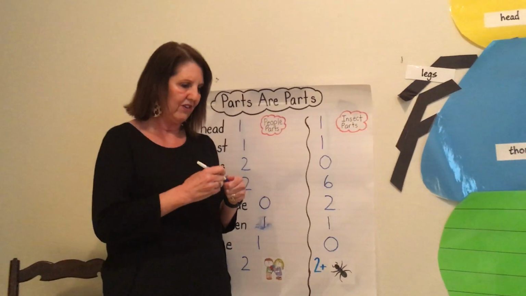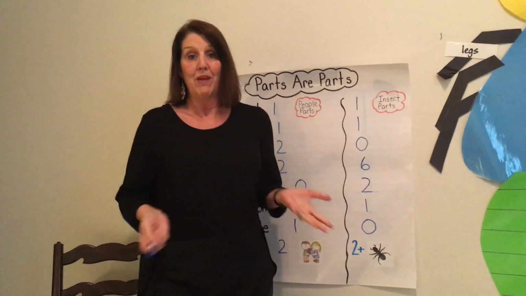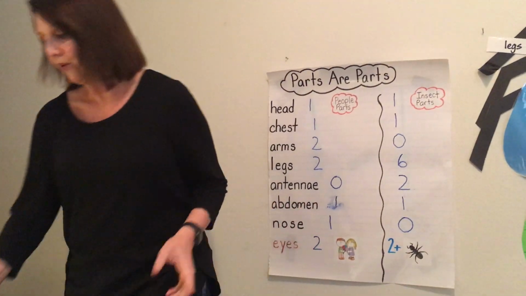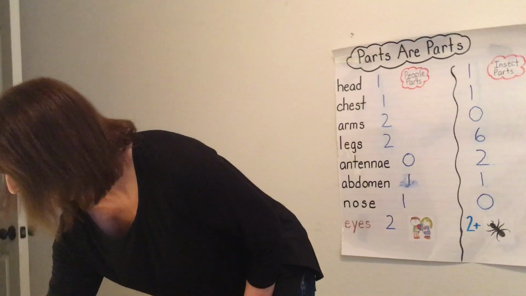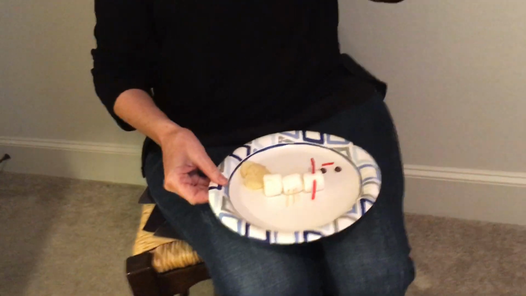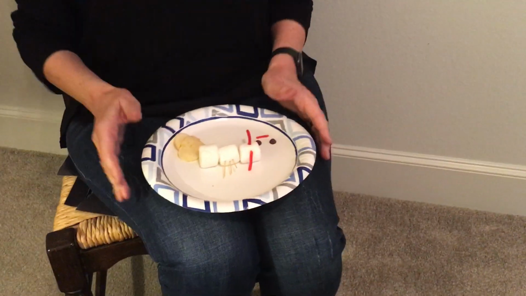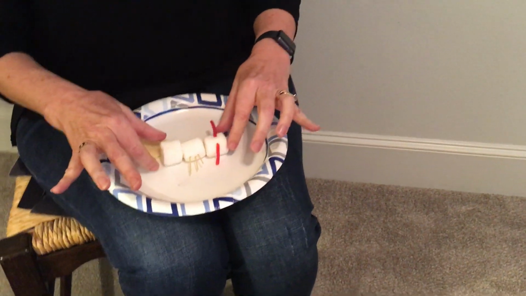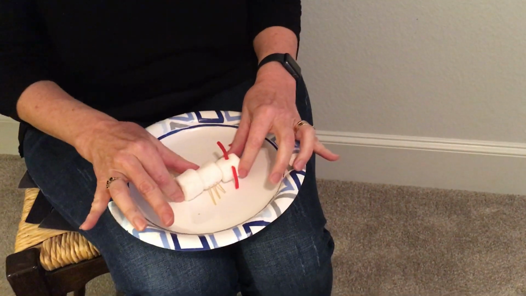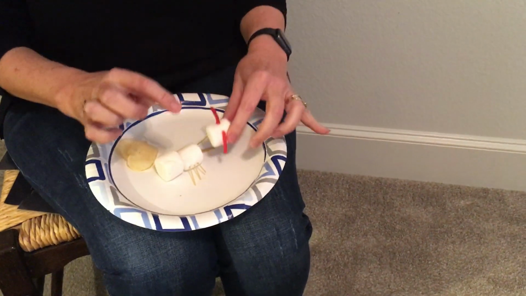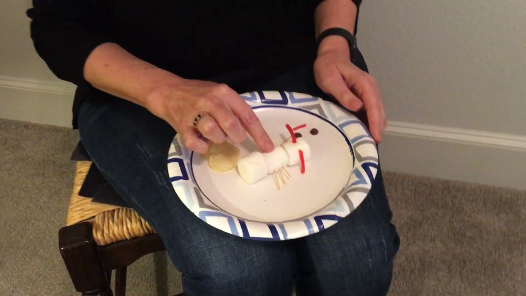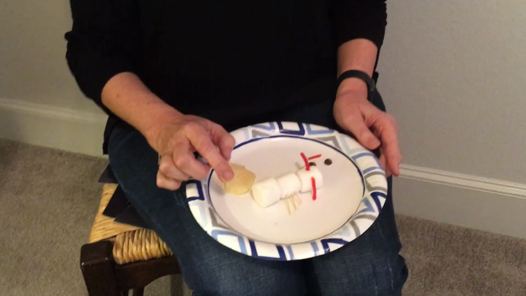Now, I wanted to show you something that you could do maybe at home if you're getting kind of bored. You could always sing our song, but also I went through my pantry and thought I wanted to make an insect. So I found 3 big marshmallows, 1 for the head, 1 for the thorax, and 1 for the abdomen.